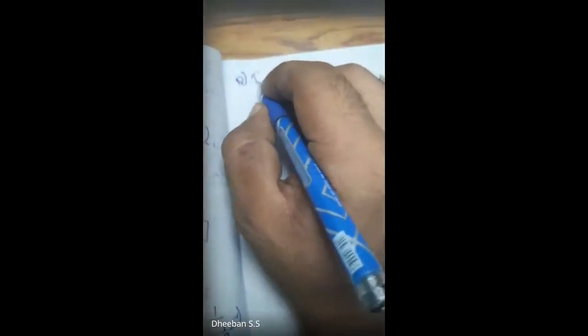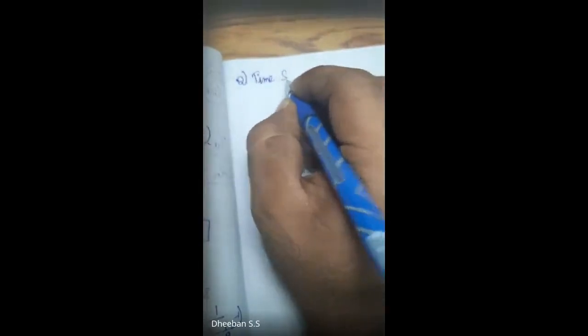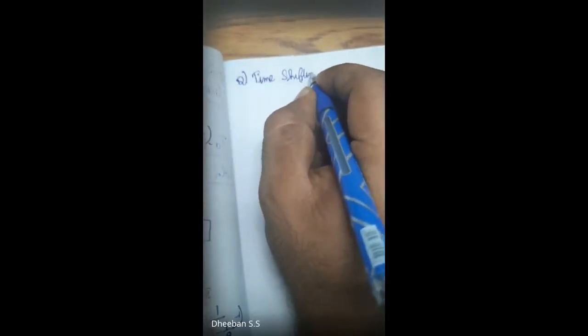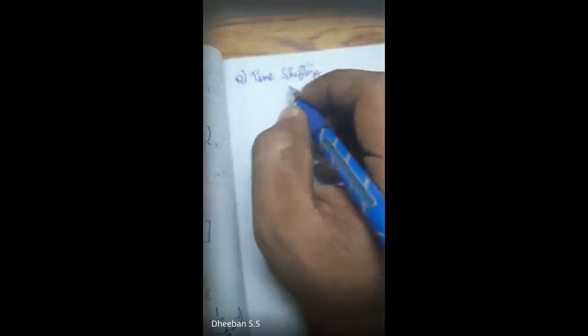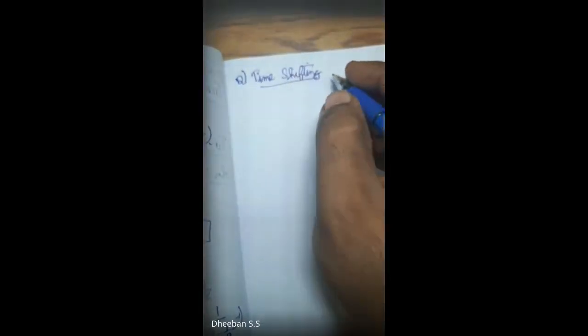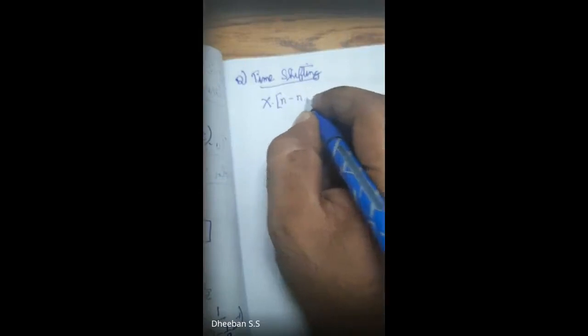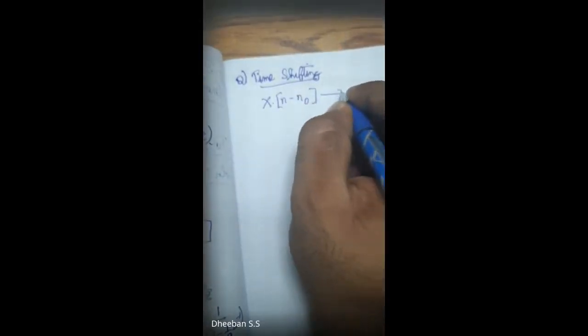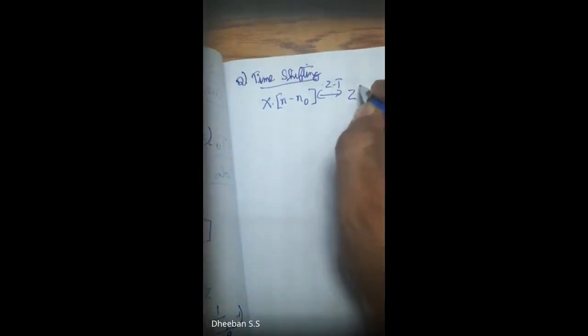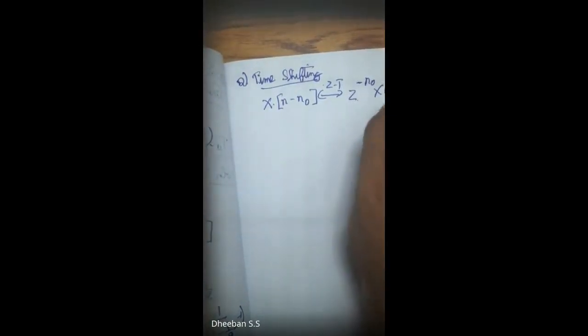The next is the time shifting property. Take x of n minus n naught. If we take the z transform, z power minus n naught, so here a delay is given, X of z.